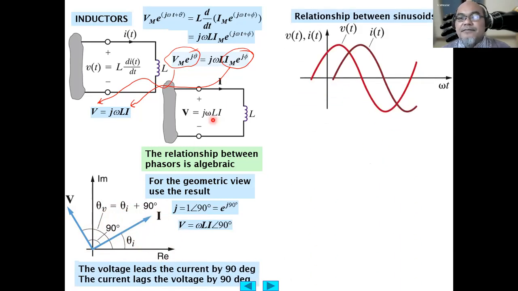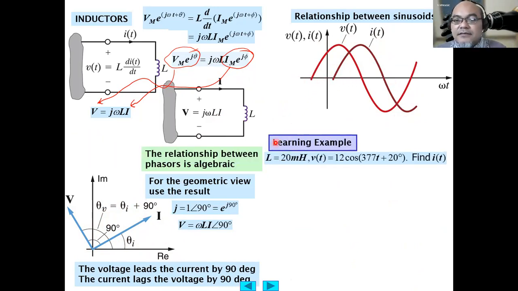Remember that in sinusoids, this means two waves having the same frequency, each with a different amplitude. The v(t) will lead the current i(t) sinusoid by 90 degrees. So the difference here is 90 degrees.